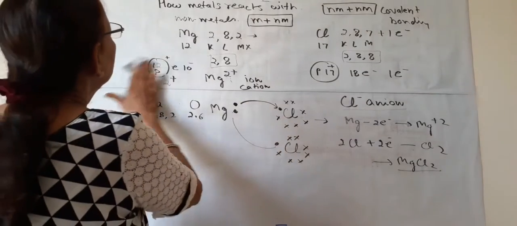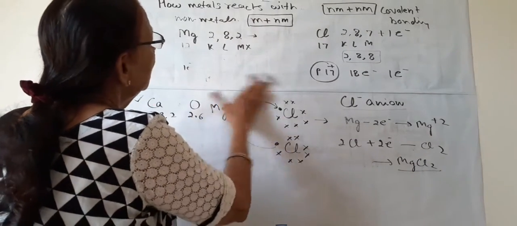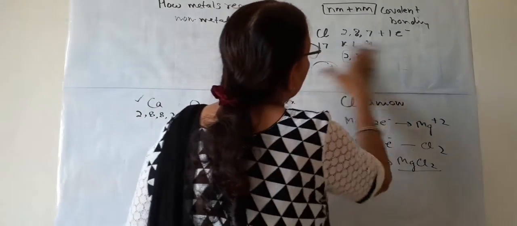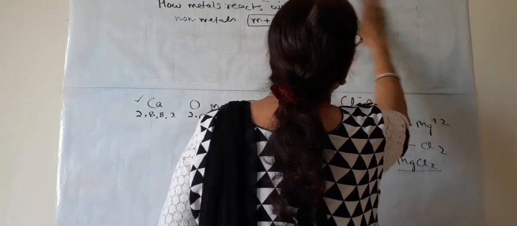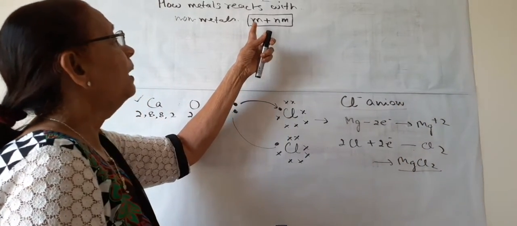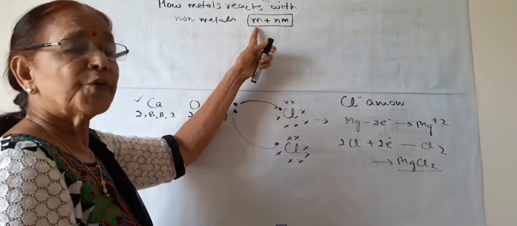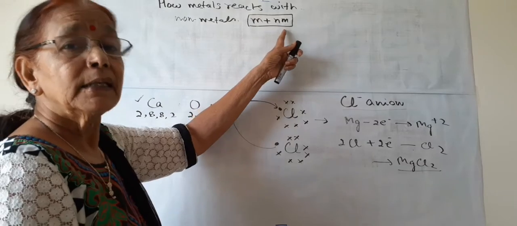Now we should learn about the properties of these compounds. One thing you have to remember, that these compounds are formed by metal and non-metal. Metal is the donor, non-metal is the receiver.